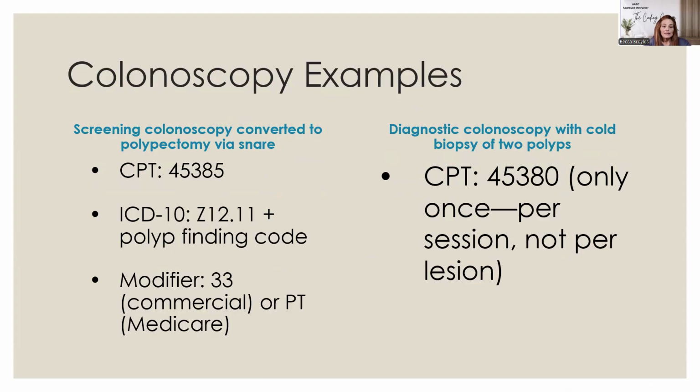You would use the ICD-10-CM code of Z12.11 and a code for the polyp finding, but you would also add the modifier 33 for commercial or the modifier PT for Medicare patients to show the screening colonoscopy was converted to a diagnostic. 45385 overrides the screening intent.